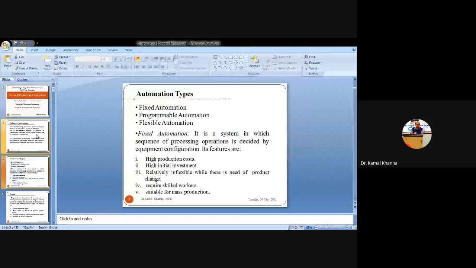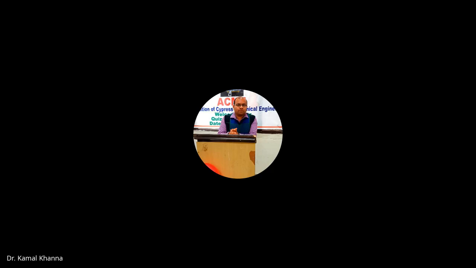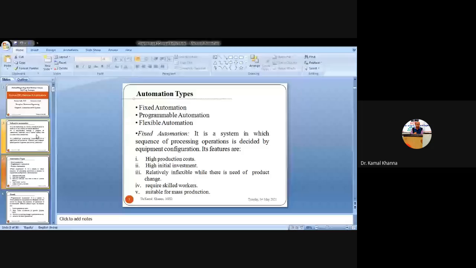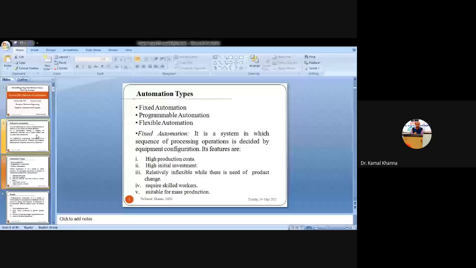So fixed automation generally involves high production costs, and a high initial investment is required. It is relatively inflexible, because if there is any change in demand from the customer side, let us say the customer wants a mobile with a 48 megapixel camera, but suddenly the customer demand changes to a 64 megapixel camera.